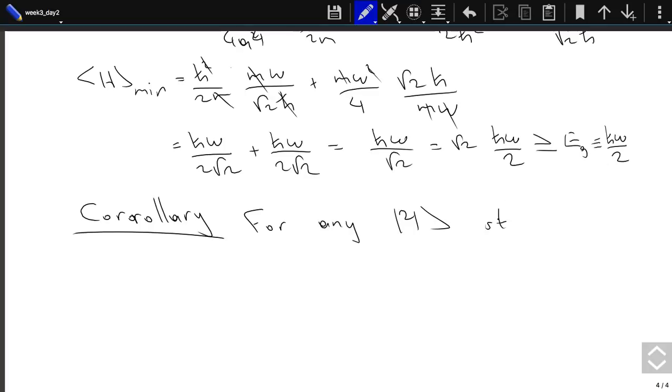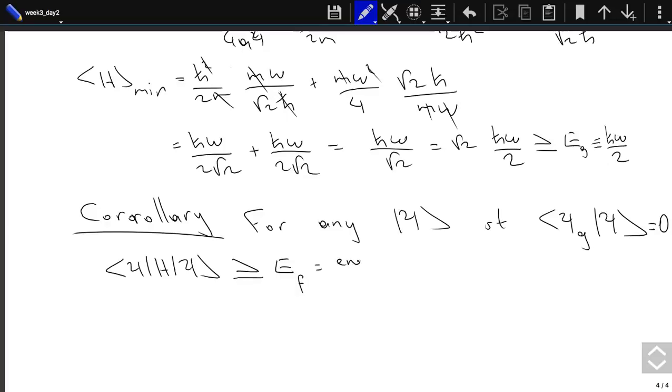If this psi is orthogonal to the ground state, then in that case, psi H psi is always larger than or equal to E1, which is the energy of the first excited state. Either you have to know the ground state function or you have to have an approximation to the ground state function.